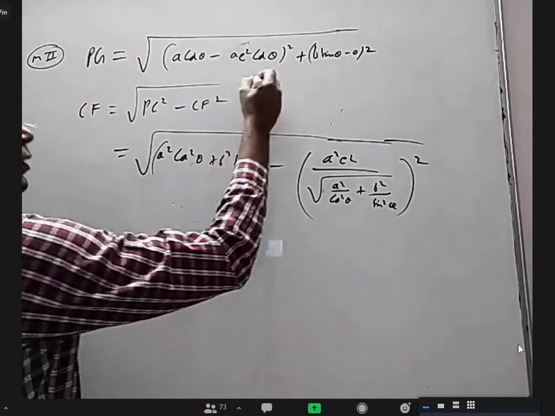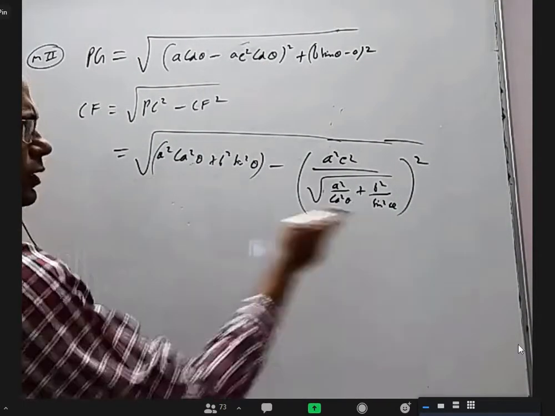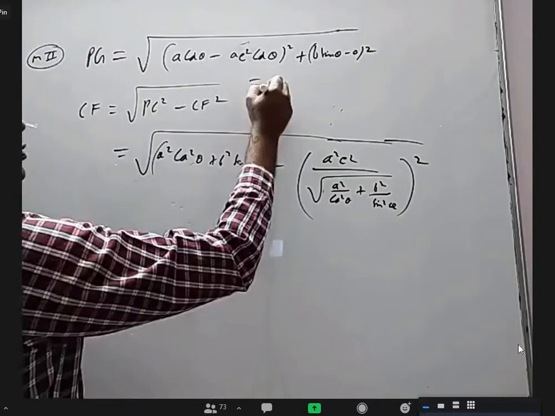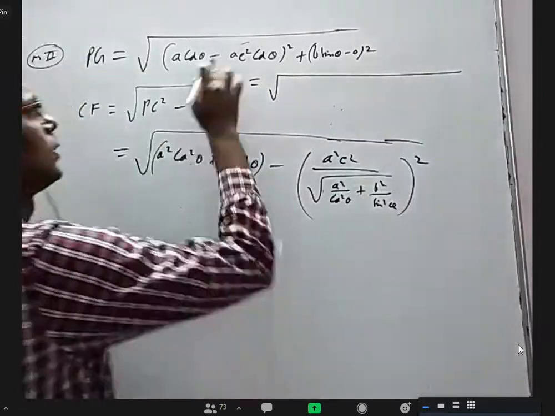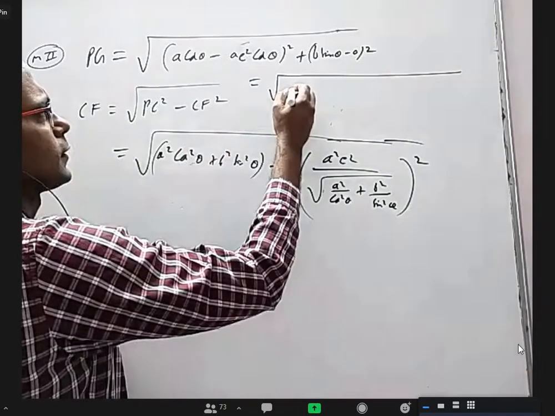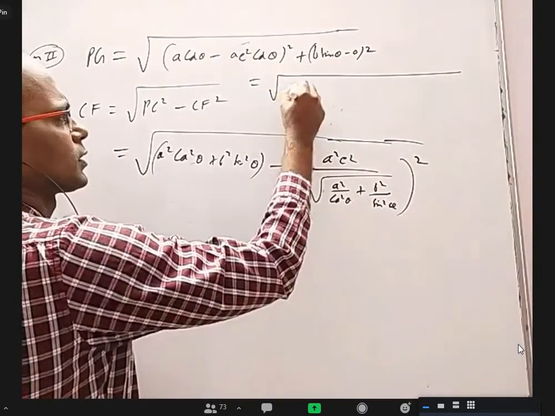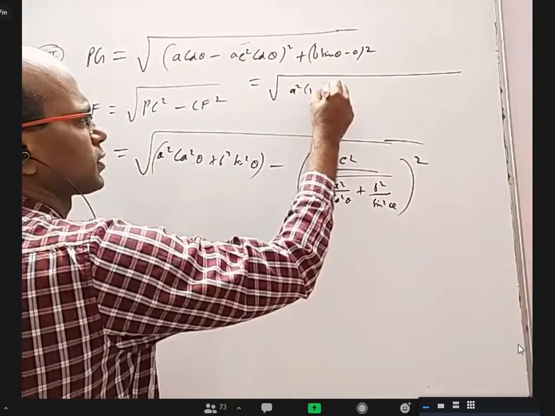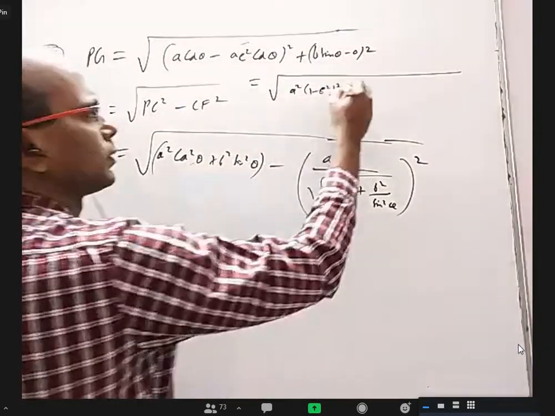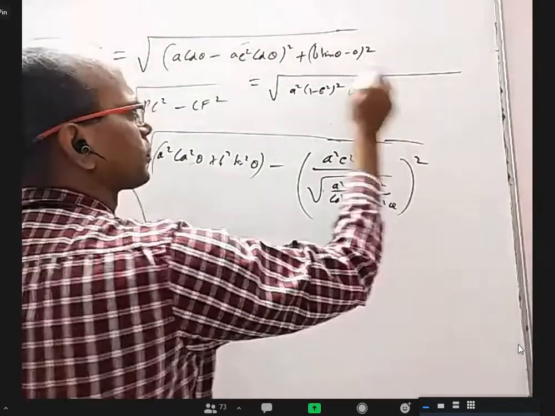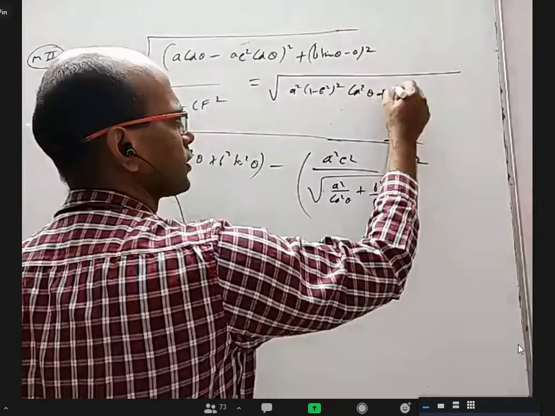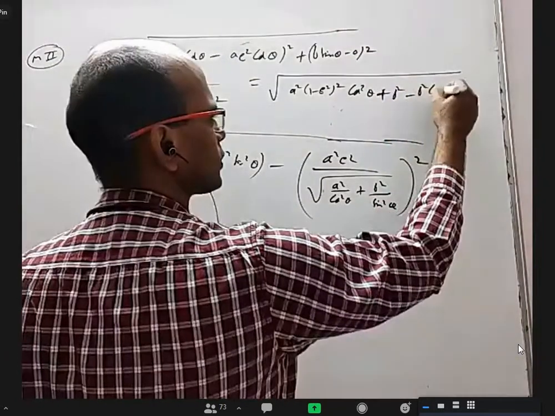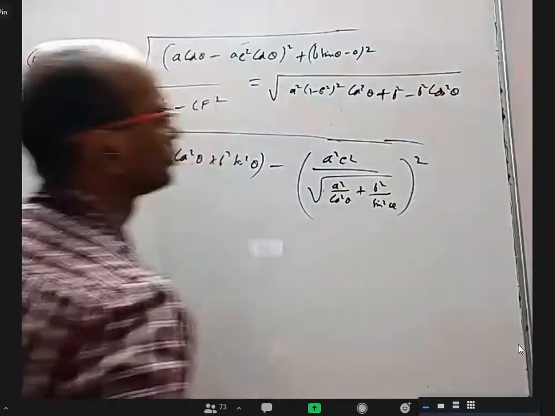Okay, I want to simplify PZ. I want to get A square sin square plus B square cos square. Okay, let me do that. This I can write A square into 1 minus E square whole square into cos square theta. This B square sin square theta, I can write B square minus B square cos square theta.